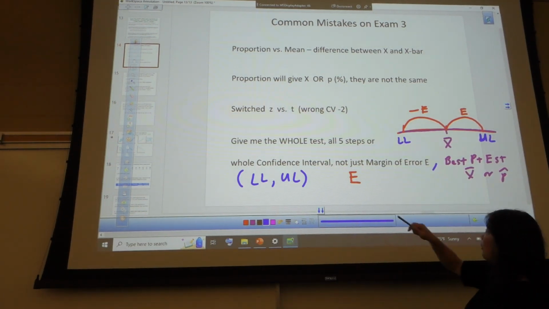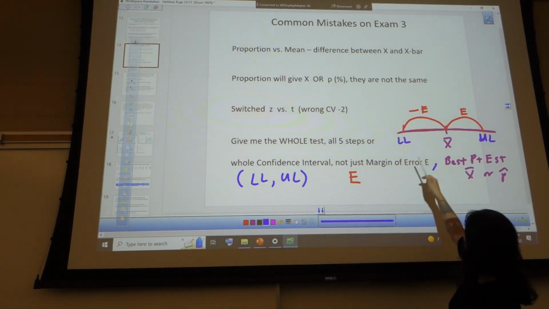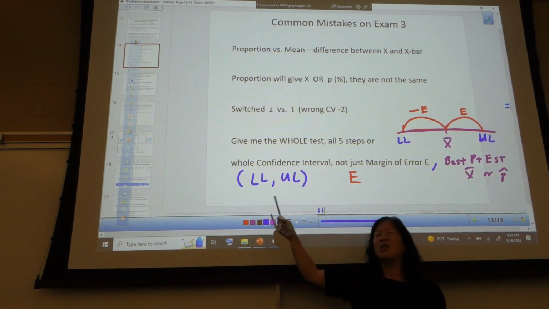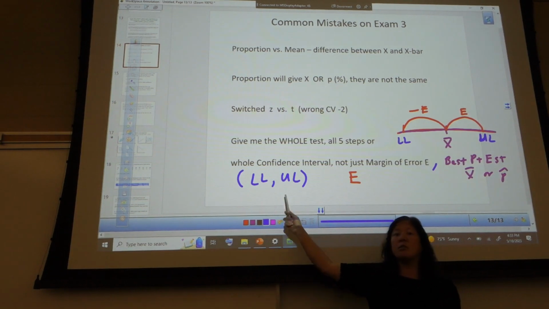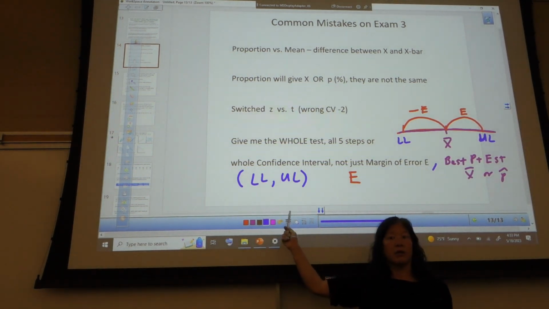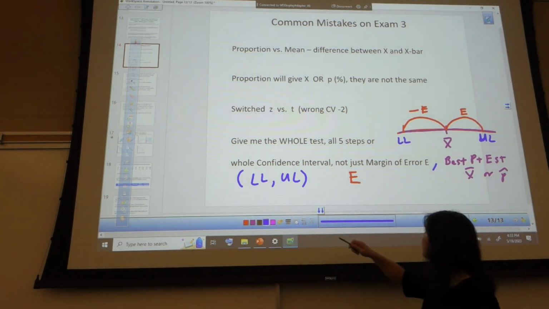If I have the upper or lower limit from my calculator function, then I can find the rest of them. X bar is going to be the number in the middle of it. So if I average these two, but then it also gives me my number in the middle, my best point estimate, below this on the calculator. It'll give you your x bar or your p hat, depending upon what you have.